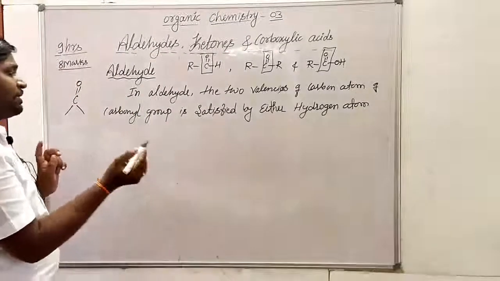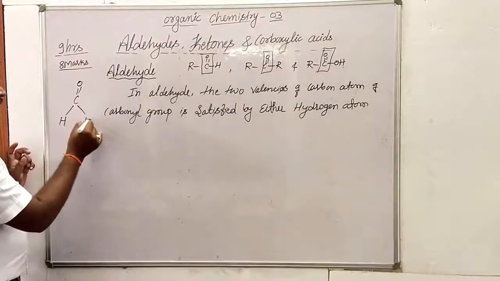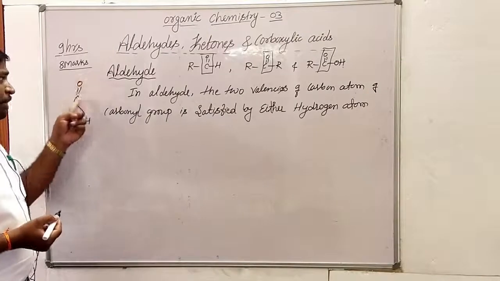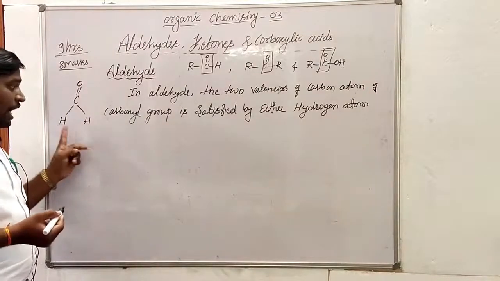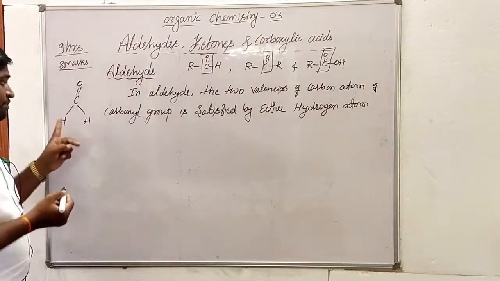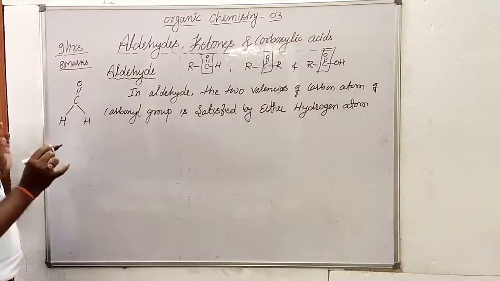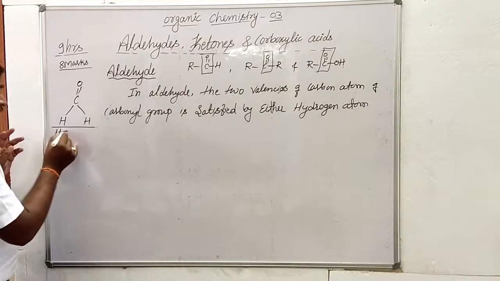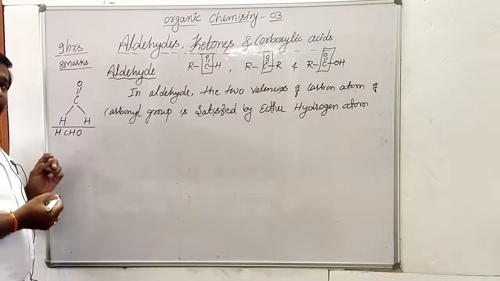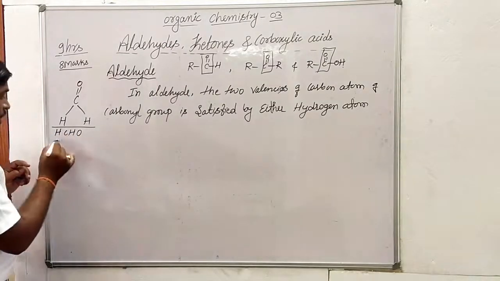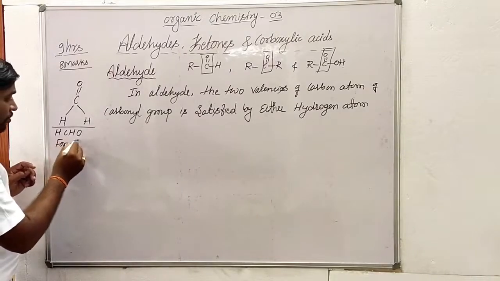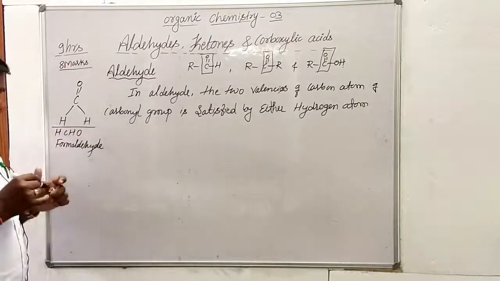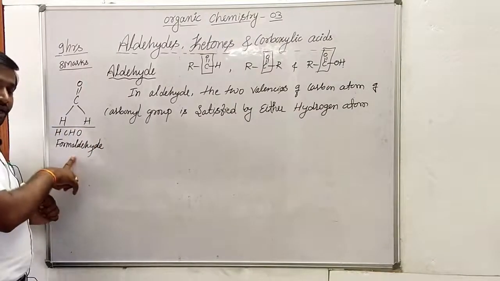Only hydrogen atoms can satisfy. So here one hydrogen, here one hydrogen atom. If the two valencies of the carbon atom of the carbonyl group are satisfied by hydrogen atoms, now what is the name of this molecule? It is HCHO. So HCHO is called formaldehyde. This is the name of the organic compound, formaldehyde.